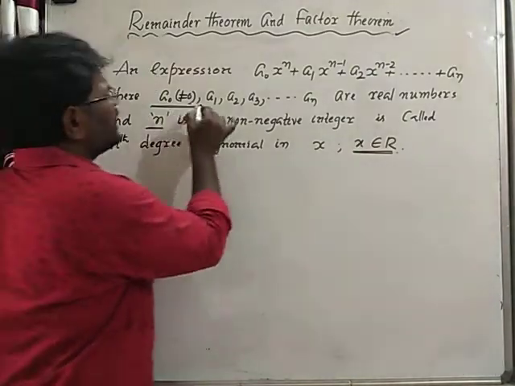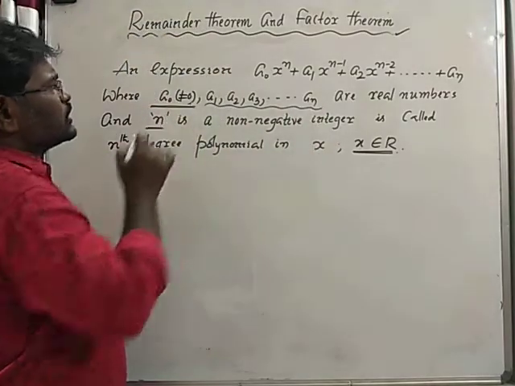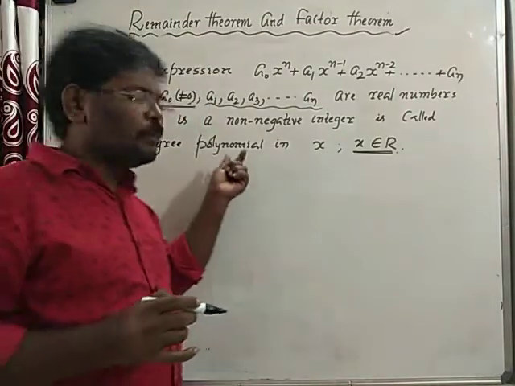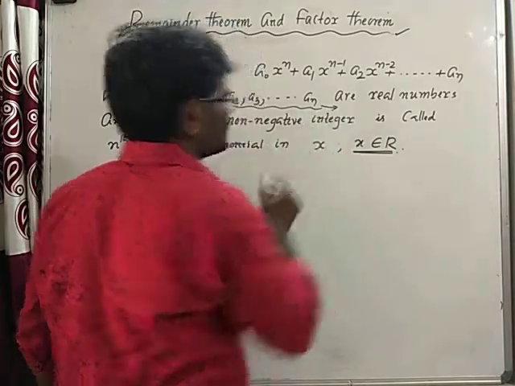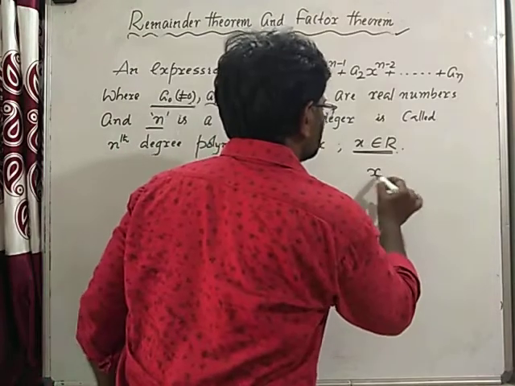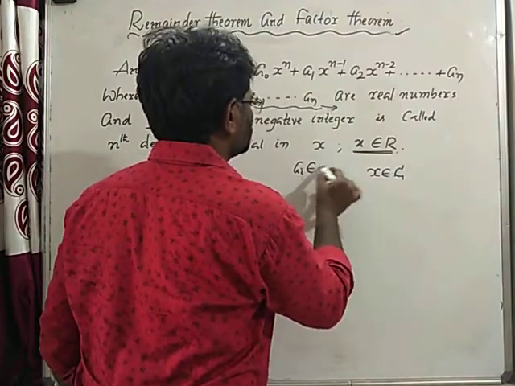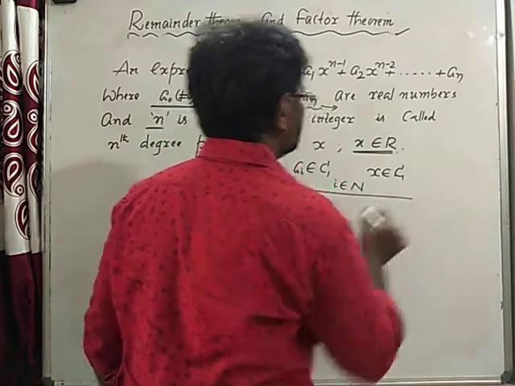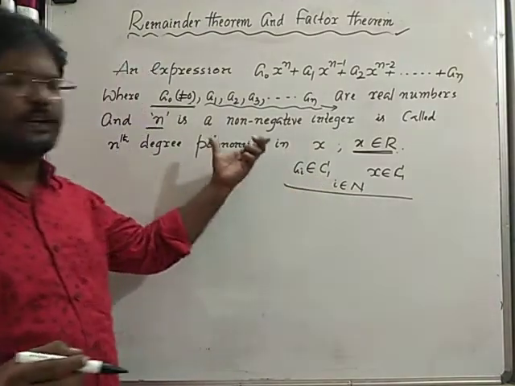See, all these are real numbers, that's why this is called a real polynomial. Suppose these are complex numbers, and x also belongs to complex numbers and ai belongs to complex numbers for all i, it is also a complex polynomial with complex variables.